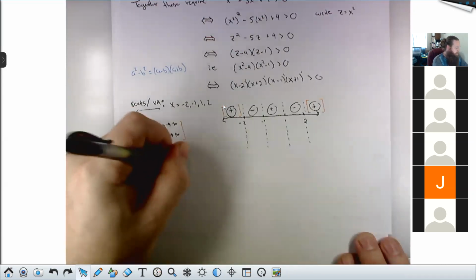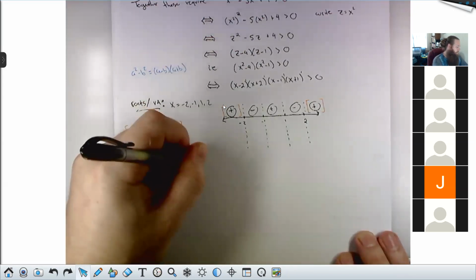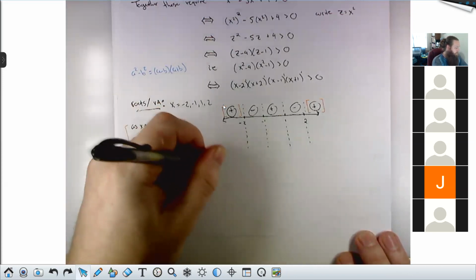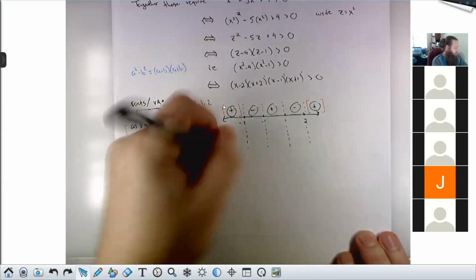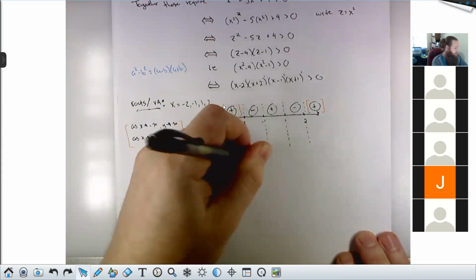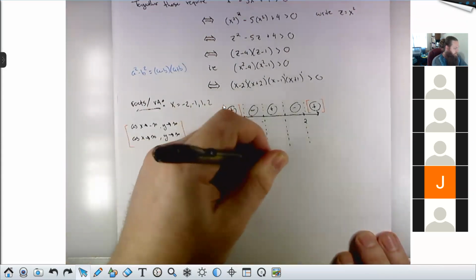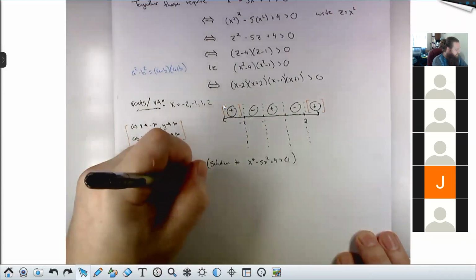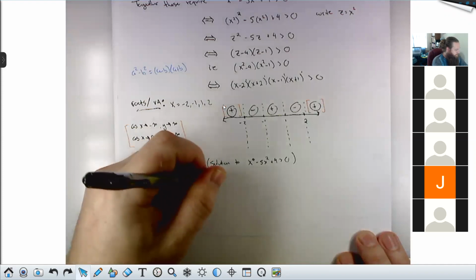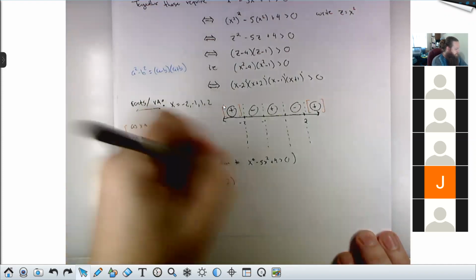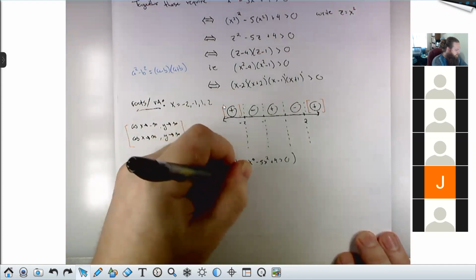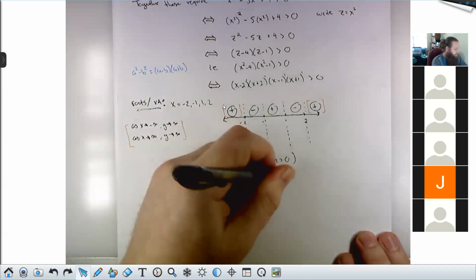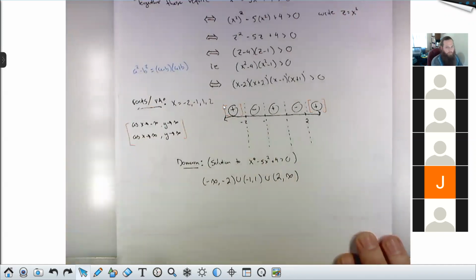My domain is the solution to that inequality: the interval from negative infinity to -2, union with the interval from -1 to 1, union with the interval from 2 to infinity, all open.